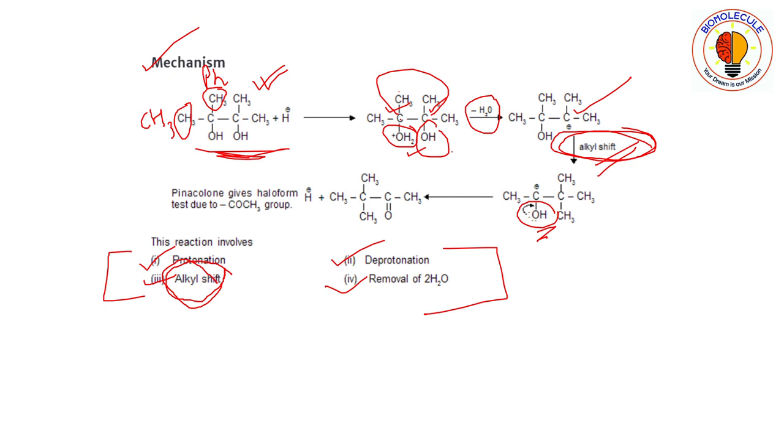But if the molecule is unsymmetrical, then which carbon will lose water? And after losing water, if these two groups are different, then which group will go preferentially to stabilize this carbocation, okay.